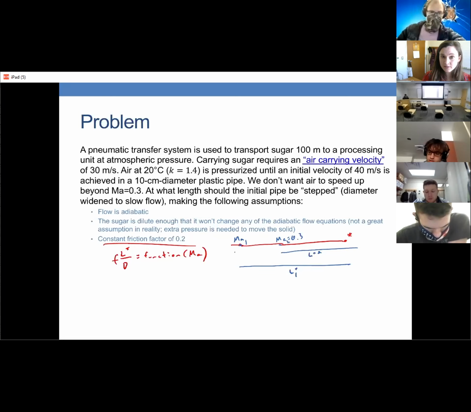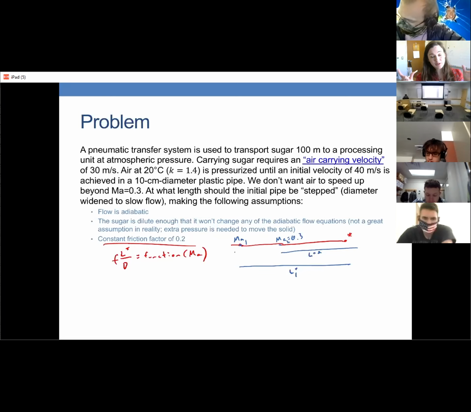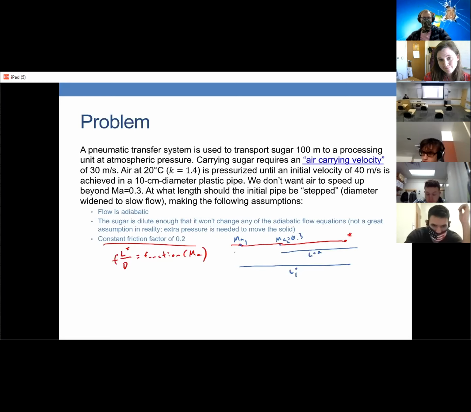And this is L star 2, the length it would have to go from point 2 to be choked. So what is the length between 1 and 2 then? It's L1 minus L2. L is equal to L star 1 minus L star 2. Thank you, KK.